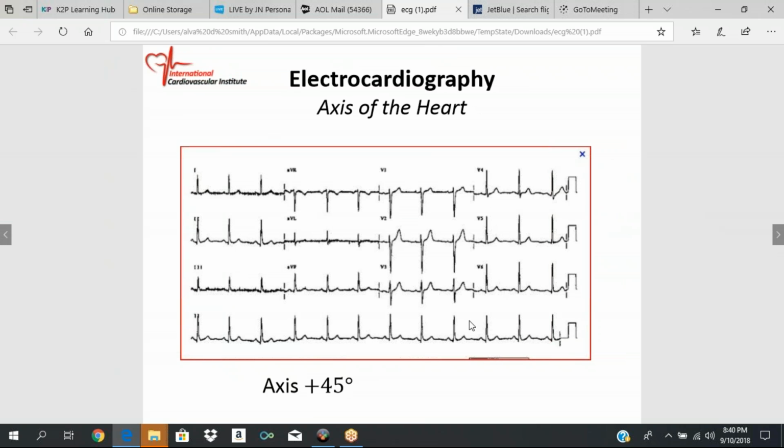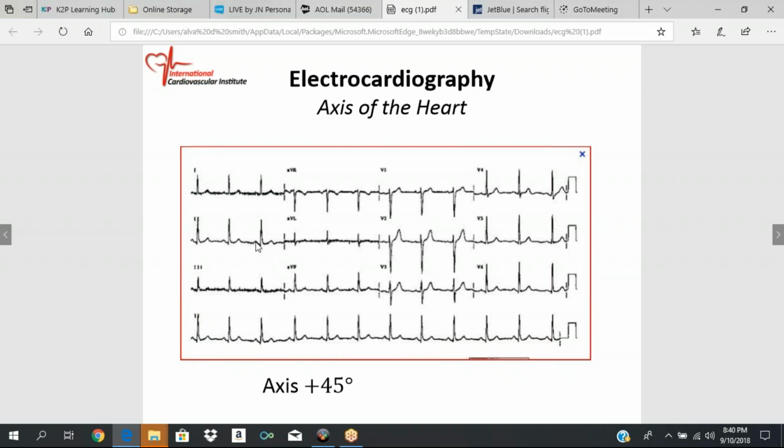All right, so let's look at this. The first thing you're going to do is to determine, is this a sinus rhythm, yes or no? For a sinus rhythm, if you look in leads 2, 3, and AVF, you have to have an upright P wave.